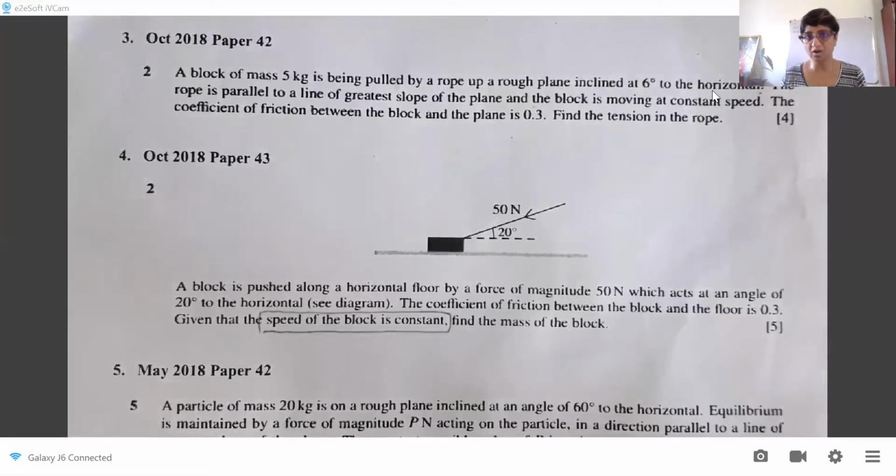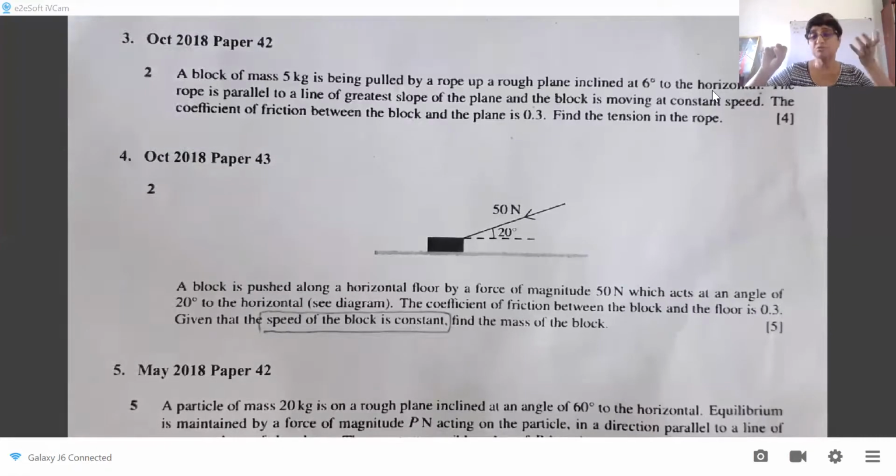Remember, the first law gives you a relationship between the resultant force acting on an object and the kind of motion it has. If you just know whether the resultant force is 0 or not, that means whether the forces are balanced or not, you can predict its motion, and vice versa.